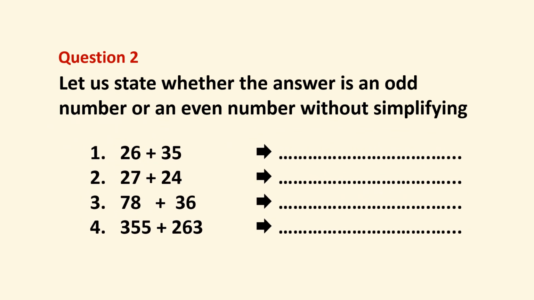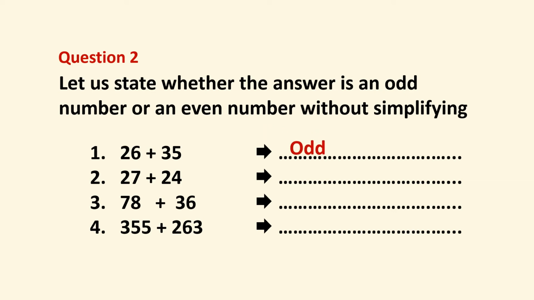First one, 26 plus 35. Now we know that 26 is an even number since 6 is an even number. Then 35. Since 5 is an odd number, we know that 35 is an odd number. So even plus odd, we know that the result should be an odd number. Next one, 27.